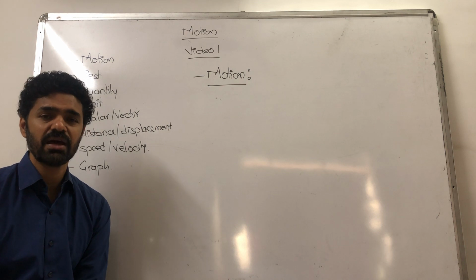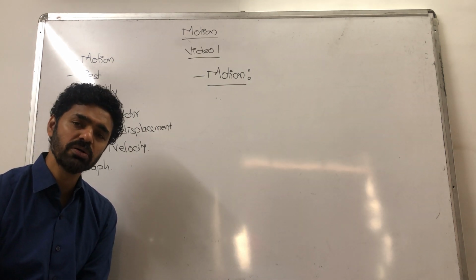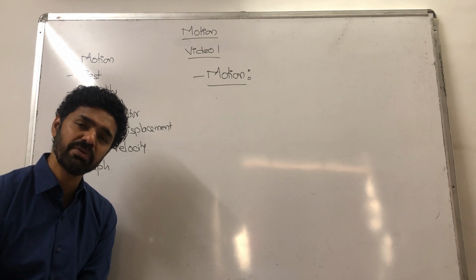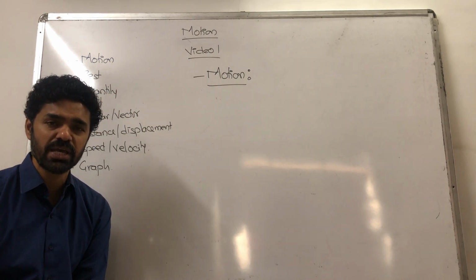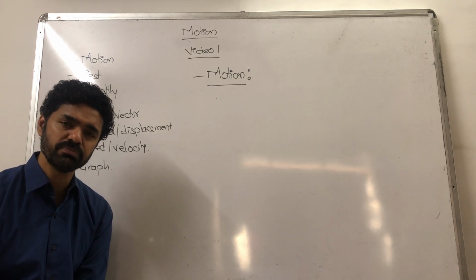We can say that I am at rest. But if I start to walk, my distance with respect to this fixed point will change with time. Now because my distance with respect to this fixed point is changing, we would say the object is at motion or the object is in motion.